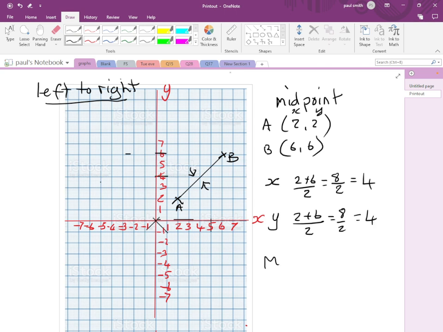So our midpoint is going to be 4, 4. And there, look, 4, 4. There is our midpoint. So finding midpoints, you add the x's and divide by 2, and then you add the y's and divide by 2, and that will give you your coordinate.